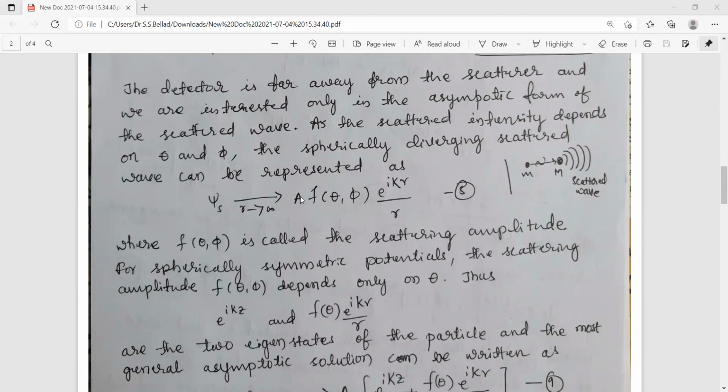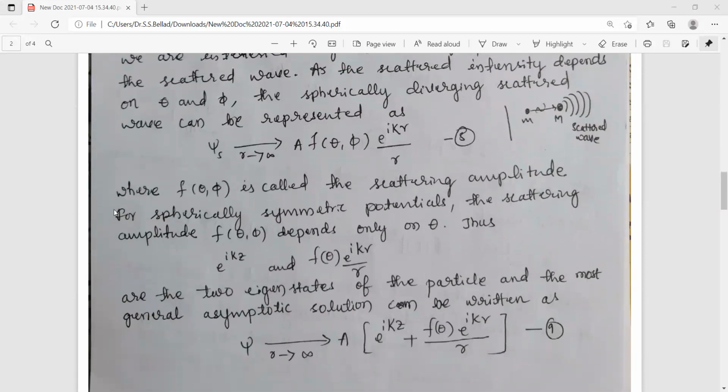And as usual, this a is again the amplitude, and e raised to ikr is the spherical wave, and this f of theta comma phi is called the scattering amplitude.